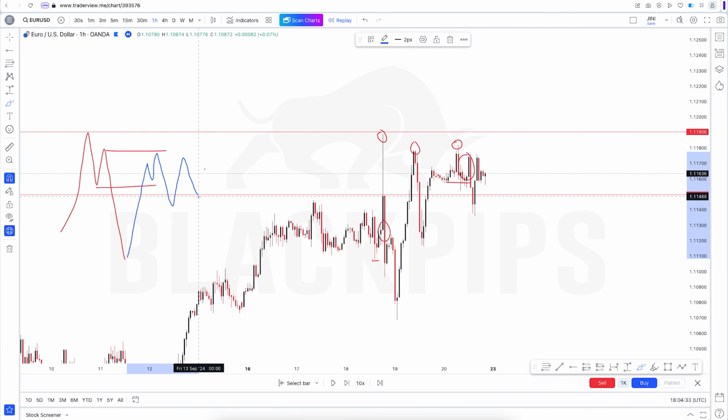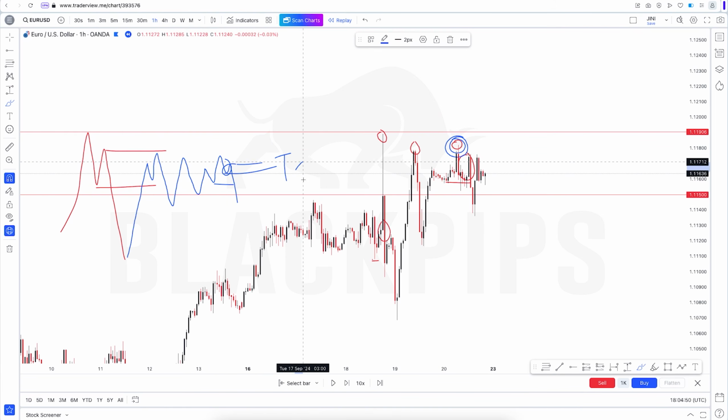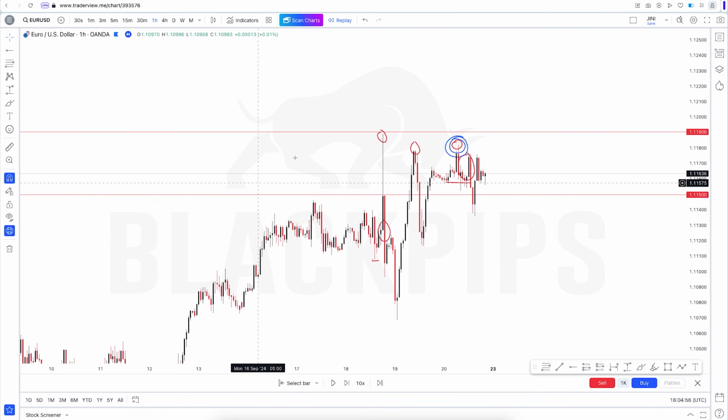But the third time, the price just came, reacting, and then gave us the inside formation, which is this one. This is the third time. So after giving us this change of character, this inside formation, we are now sure that this is the type 2 entry. So what I did is that I just mark those levels that I showed you.